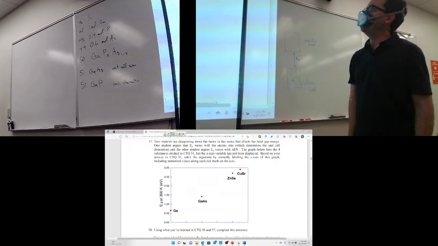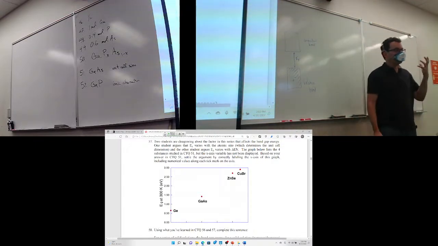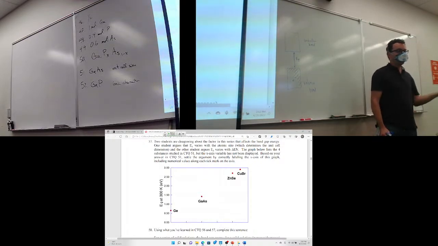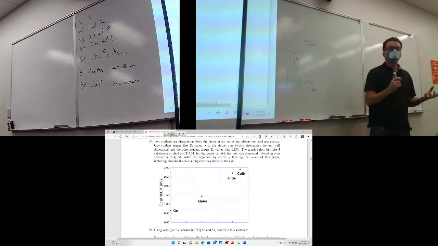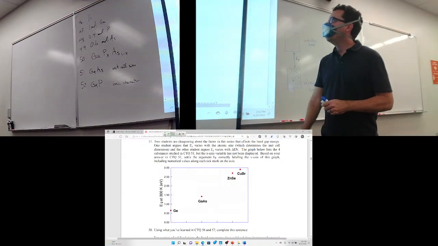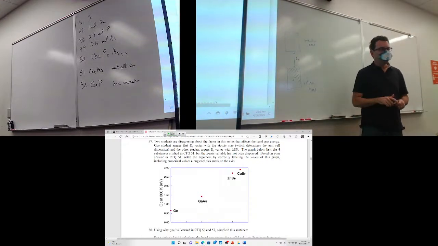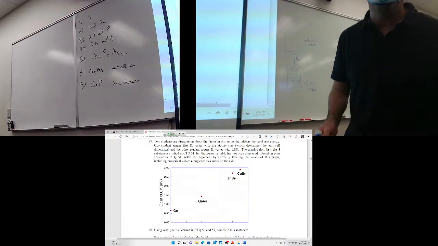So the students are actually both right. The larger your cell, as we saw with the regular group 4 elements, the smaller the band gap. So the longer the bond, the smaller the band gap. But also, the bigger the difference in electronegativity, the larger the band gap as well. So both of them affect band gap.